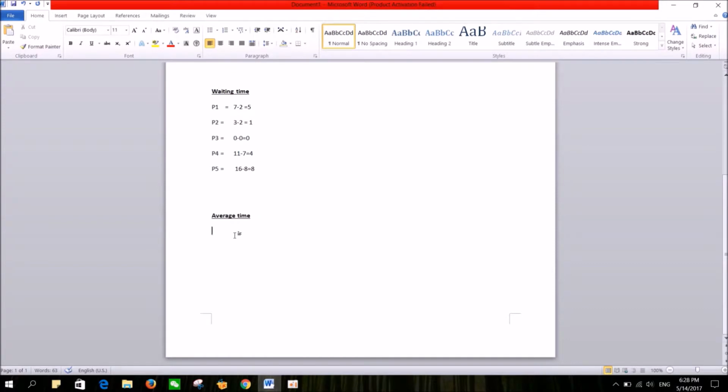So here we go, 5 plus 1 plus 0 plus 4 plus 8 in brackets, and divide by 5. The sum of the waiting time is 18, divided by 5. So the final answer is 3.6 ms. So this is how we do the non-preemptive shortest job first.